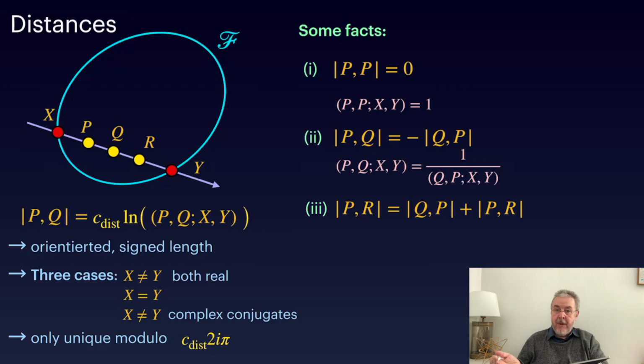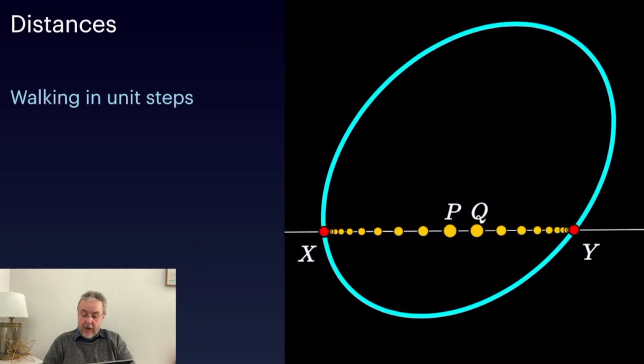And again, this comes from multiplicativity of the cross ratio because, if you calculate the cross ratio with p and r, you can easily check it's just the product of those two cross ratios, and after taking the logarithm, this product turns into a sum for the distances. So by now I have shown you several fundamental properties of your distances.